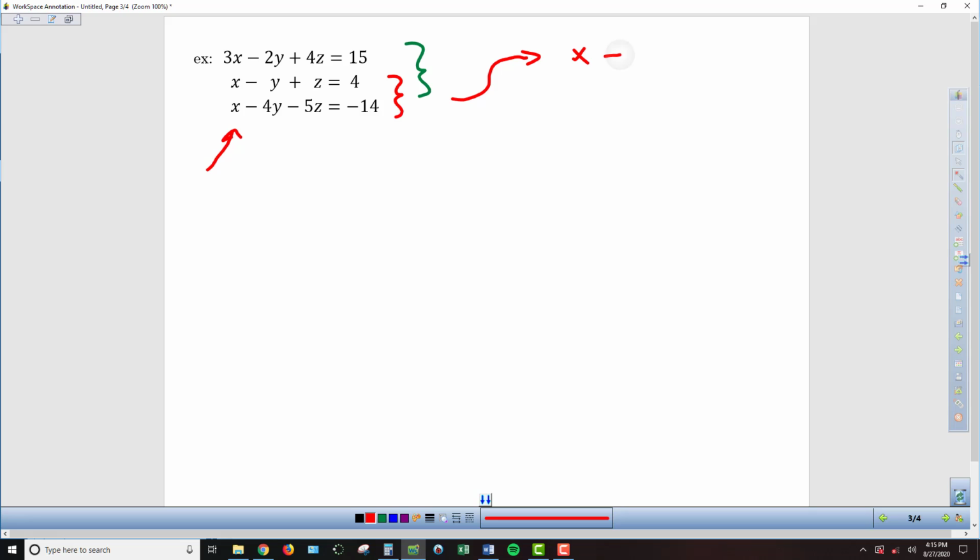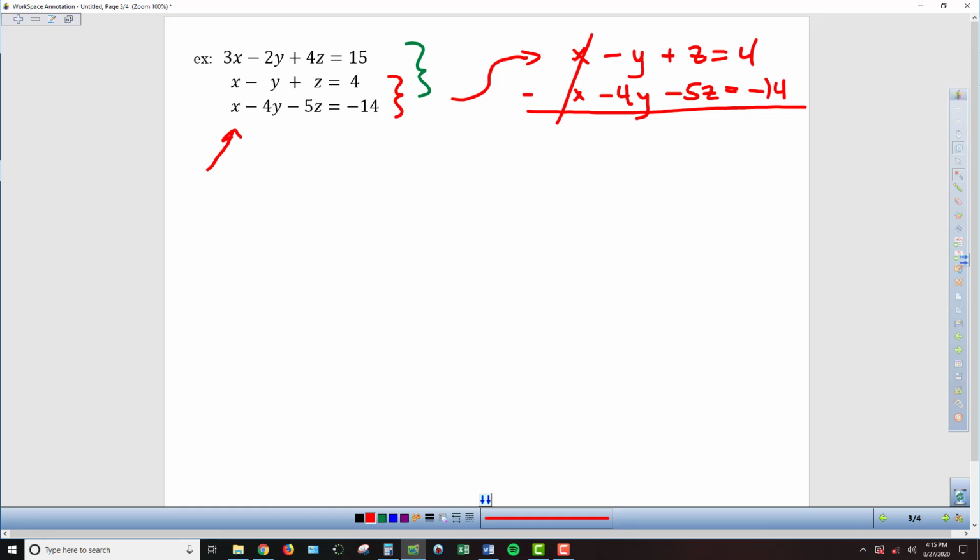So I've got x minus y plus z equals 4. And then the bottom one is x minus 4y minus 5z equals negative 14. And so now, like I said, I'm going to have to subtract that bottom equation. And so we're going to have to be quite careful with our subtraction here.